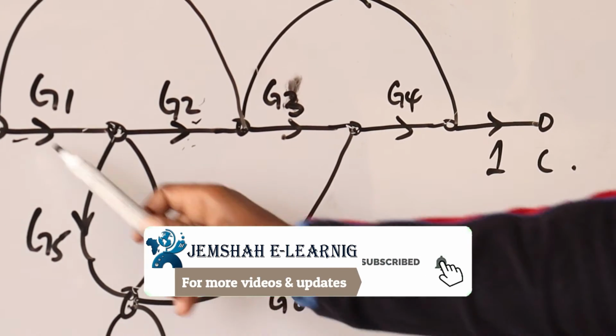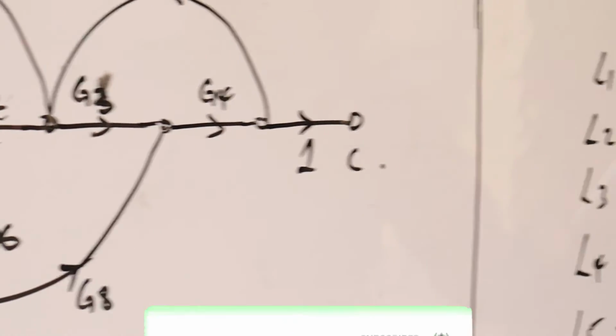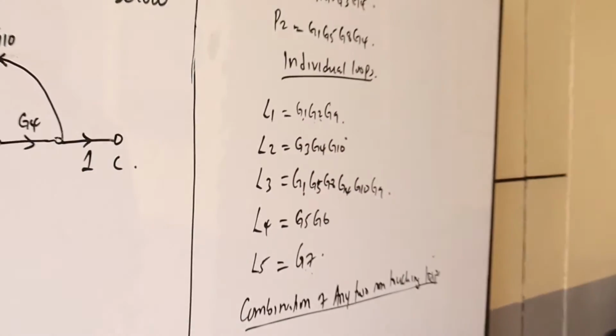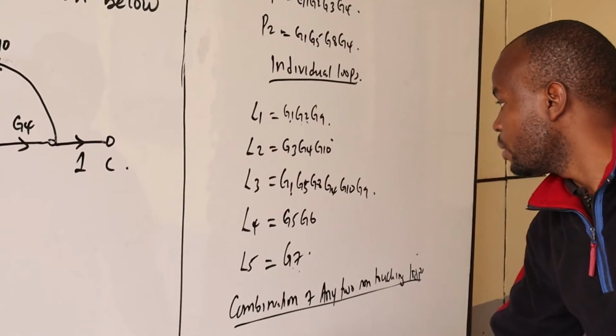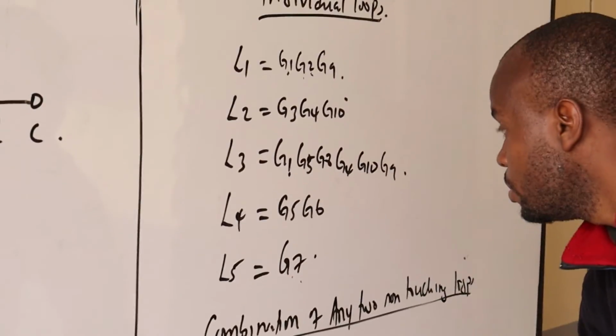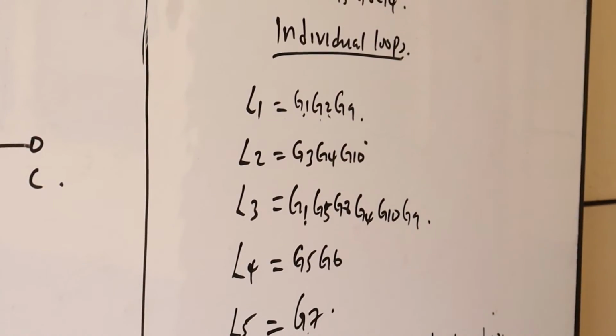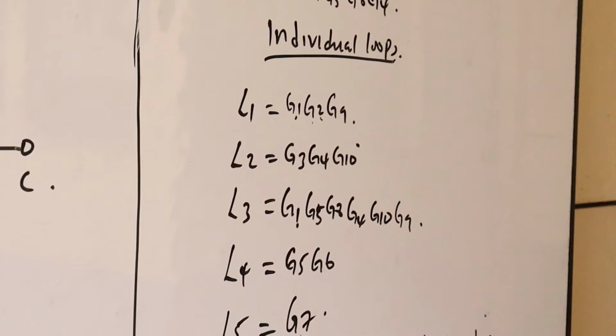G5, G6, of course, they share a common one. Then we can have only that. So therefore, the first non-touching loop can be G1, G2, G9, G7. So that is the first non-touching loop that we have.